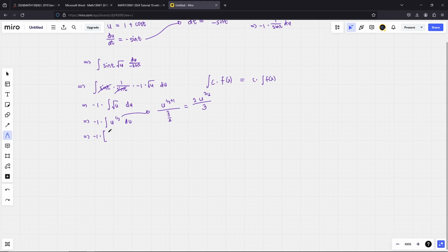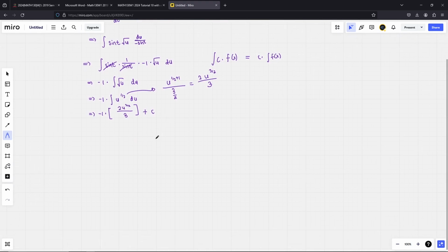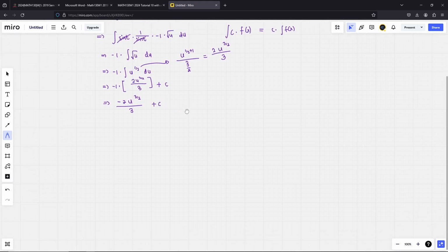Okay, so this is going to be 2u to the 3 over 2 over 3. And this is an indefinite integral, so we cannot forget the constant of integration, the plus c. Now, this is minus 2 into u to the 3 over 2 all over 3 plus c.